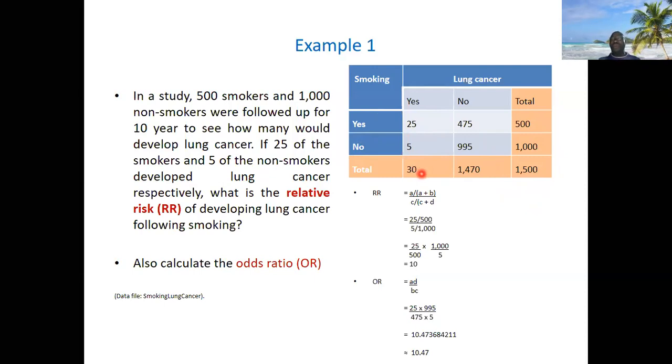How many were not exposed? 25 out of the 30. Okay, let's make it this way. Out of the 500 that smoke, how many developed lung cancer? 25 out of the 500 developed lung cancer. And 475 did not develop. Then out of the 1,000 that did not smoke, 5 developed lung cancer.